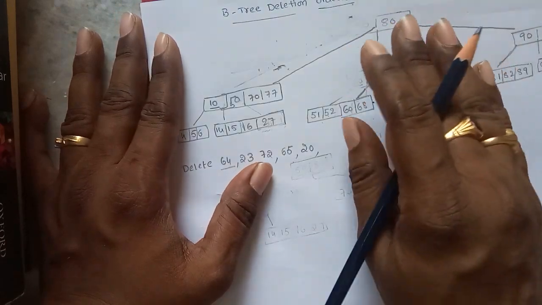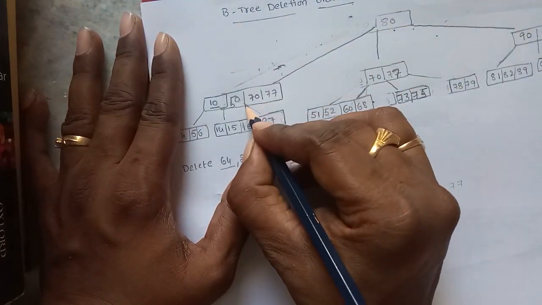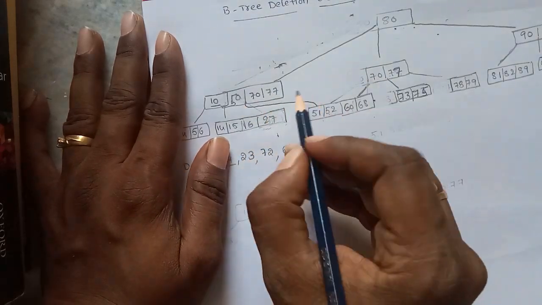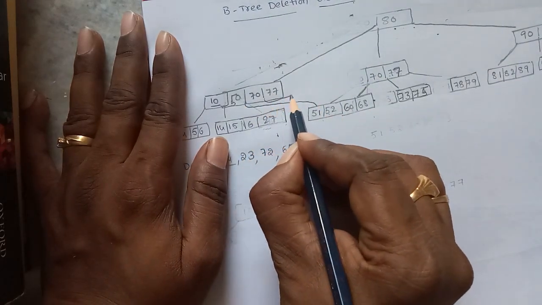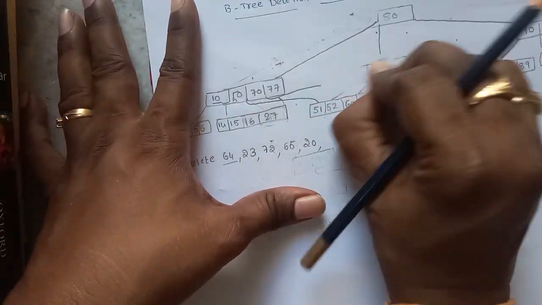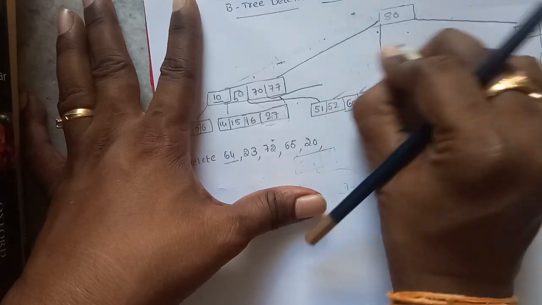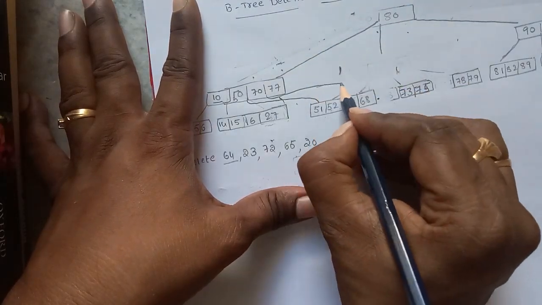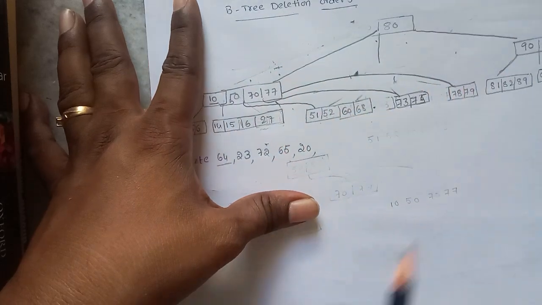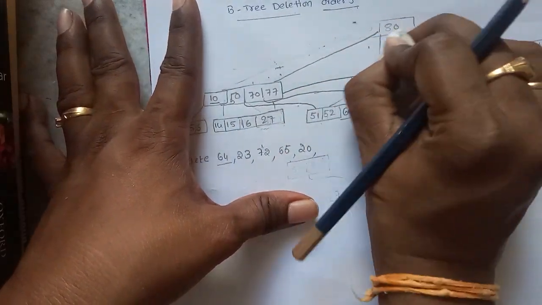Okay. So now this part is this one. 50 right child is this one. For 70, so simply erase. For 70 right child is this one. For 77 right child is this one. Okay, adjust the arrow marks.